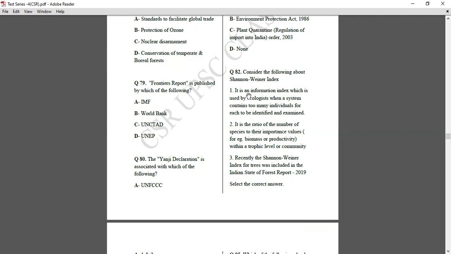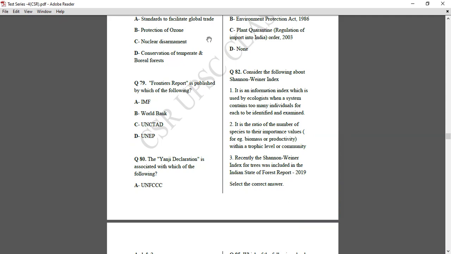First statement: it is an information index which is used by ecologists when a system contains too many individuals for each to be identified and examined. It is a ratio of the number of species to their importance values, for example, biomass or productivity, within a trophic level or community. Recently, the Shannon-Wiener Index for trees was included in the Indian State of Forest Report 2019.